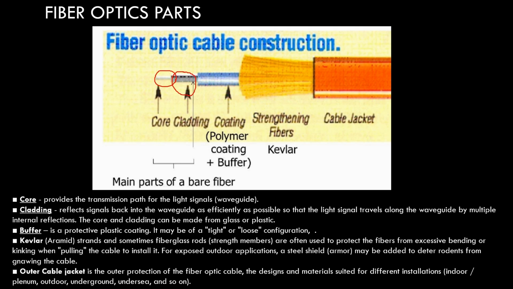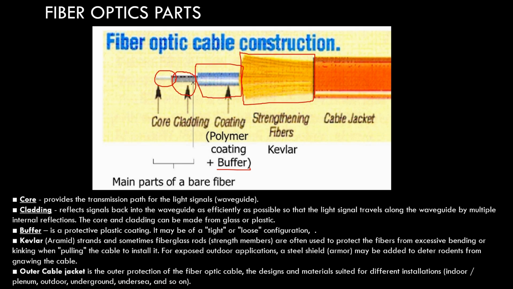And to protect the cladding, it must have a tight or loose configuration called the buffer, and this is made of plastic. And to protect the coating, including the internals, from excessive bending, there must be a Kevlar material here. It looks like hair, but it is very strong.